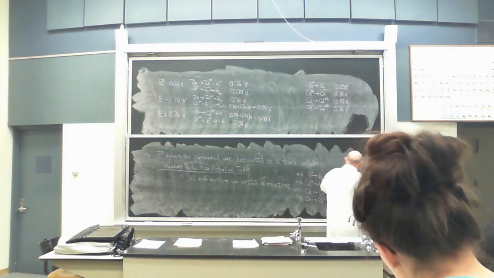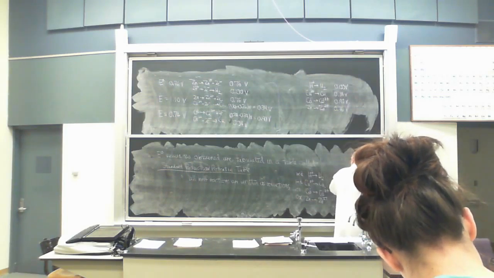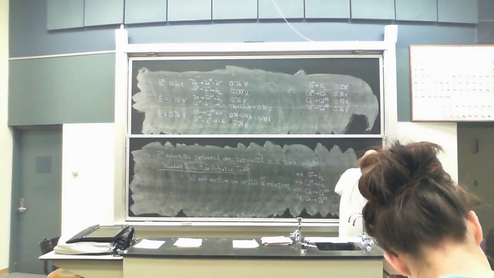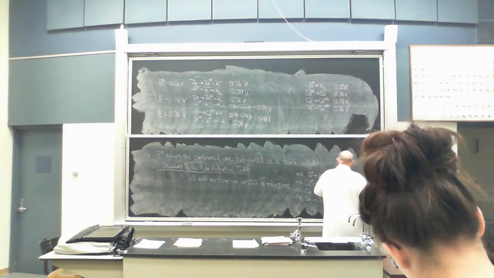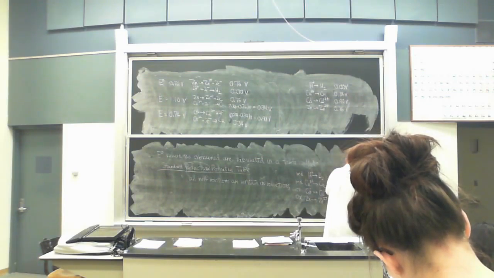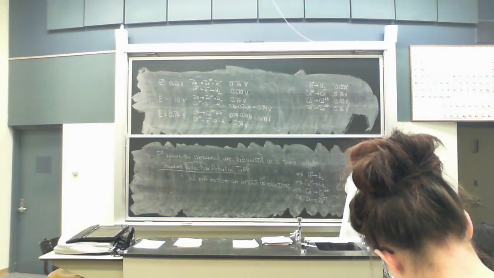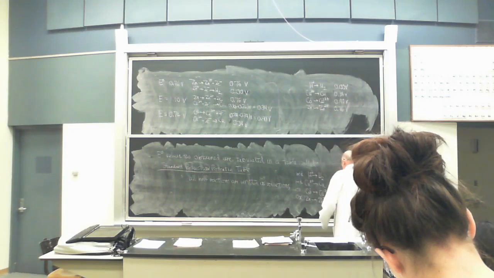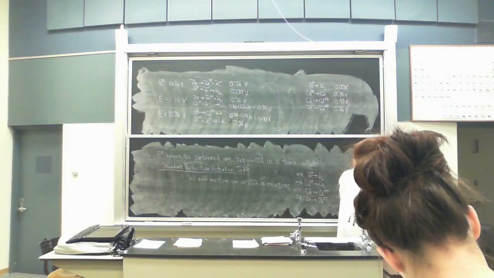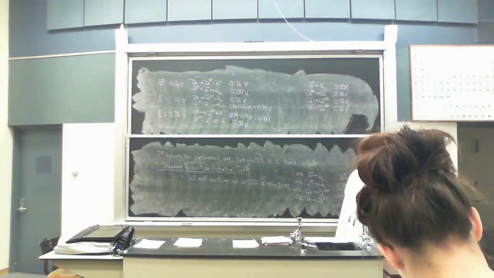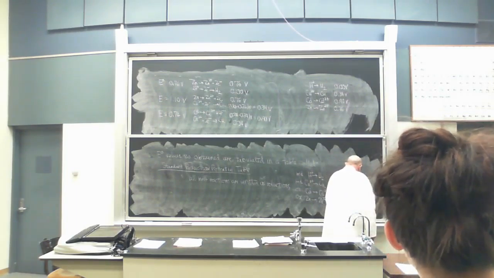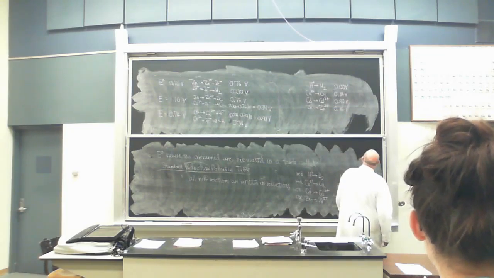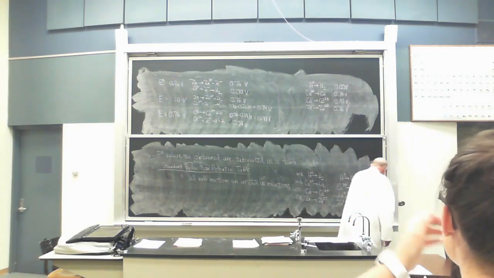And so I now rewrite my table. H plus and H2 is 0.00 volts. The next one is copper 2 going to copper, 0.34 volts. The next one is cadmium ion going to cadmium, minus 0.40 volts, and zinc ion going to zinc, minus 0.76 volts.